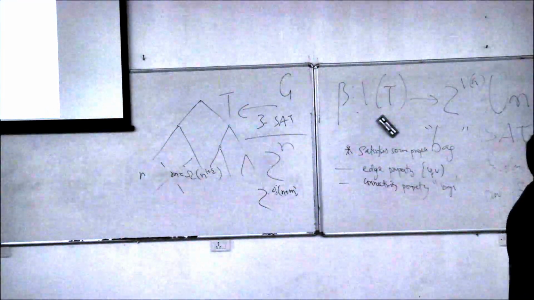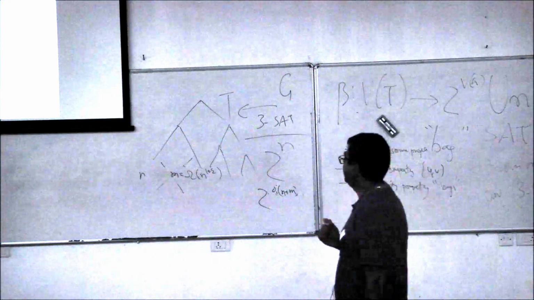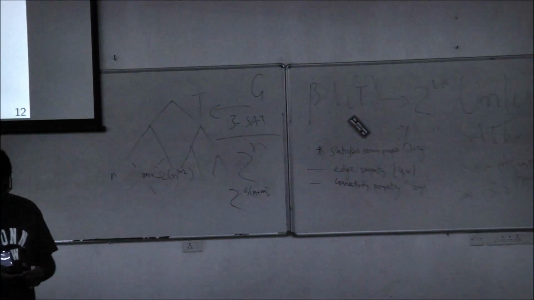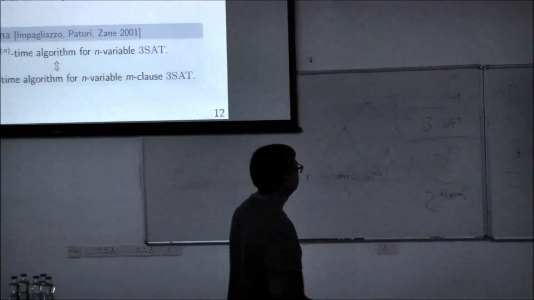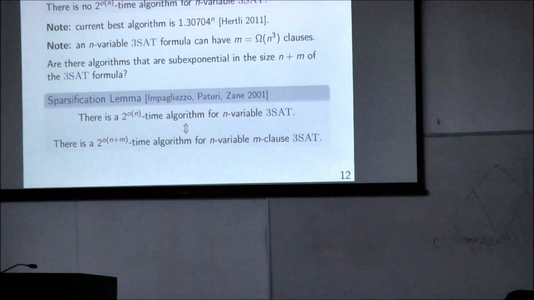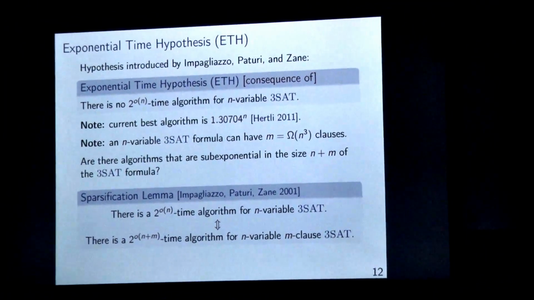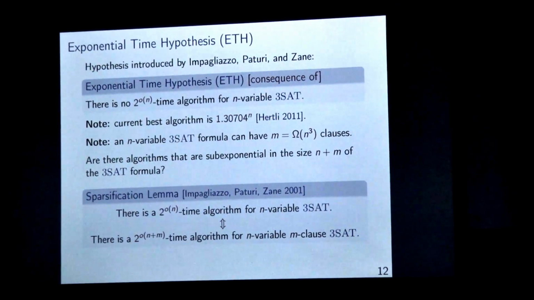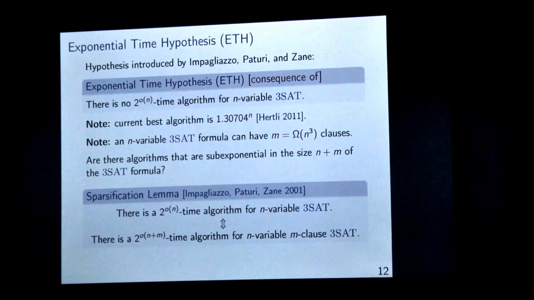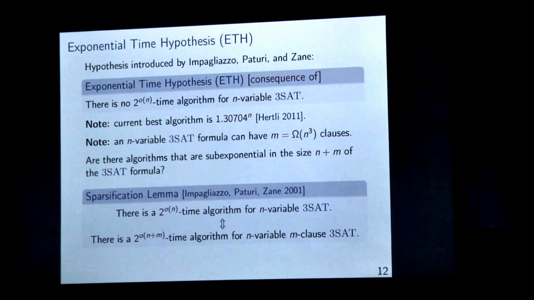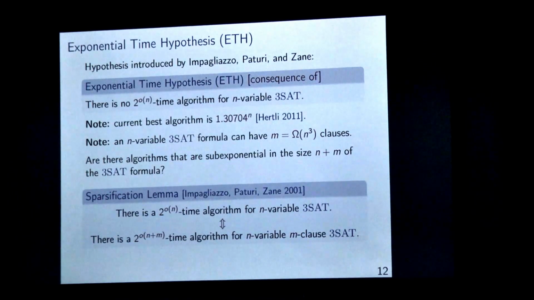So what is the big deal about all this? Well, there is a big deal, and there's a famous lemma, called sparsification, which basically tells you that in sub-exponential time, I can come up with sub-exponentially many instances of 3 SAT, where the number of variables and number of clauses are actually of the same order.